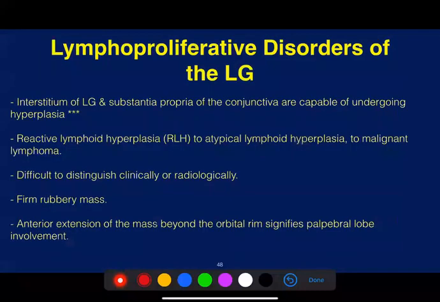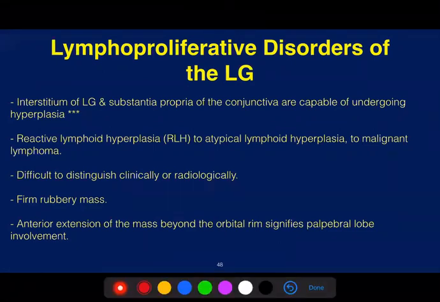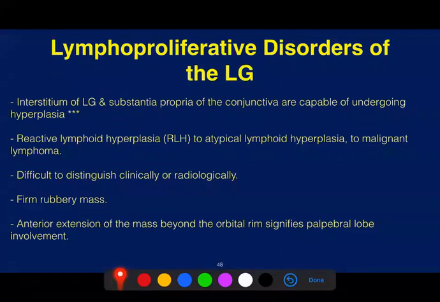So again, Dr. Ibrahim al-Mansour once asked me how come the orbit has no lymphatic tissue, yet we see lymphomas. So interstitium of the lacrimal gland and substantia propria of the conjunctiva are capable of undergoing hyperplasia.